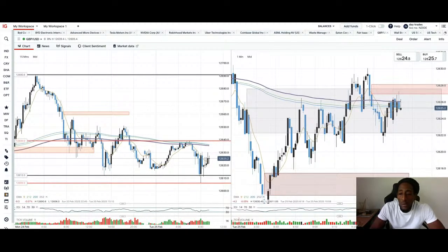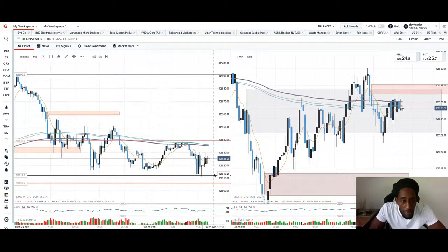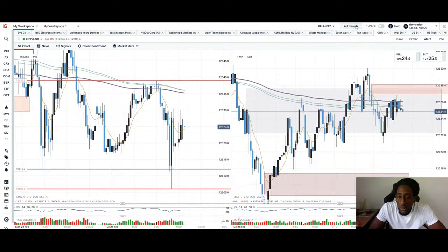I think I'm going to be getting ready to take a short entry. Gosh, feeling for shorts. But 15 minutes still going against my. Let's take it.